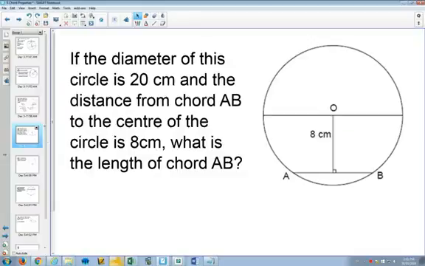All right. The diameter of this circle is 20 centimeters, and the distance from chord AB to the center of the circle is 8 centimeters. And on the diagram, they've got a little 90-degree mark there.